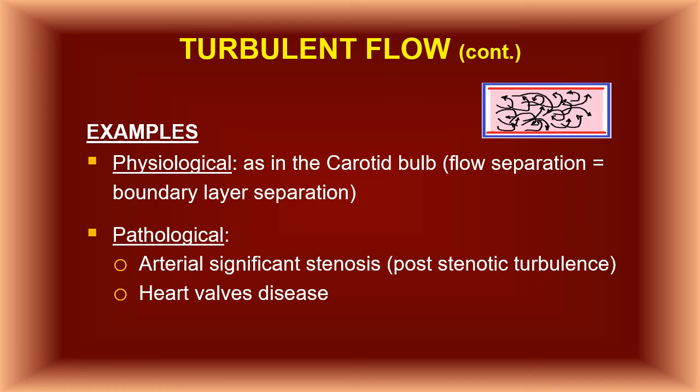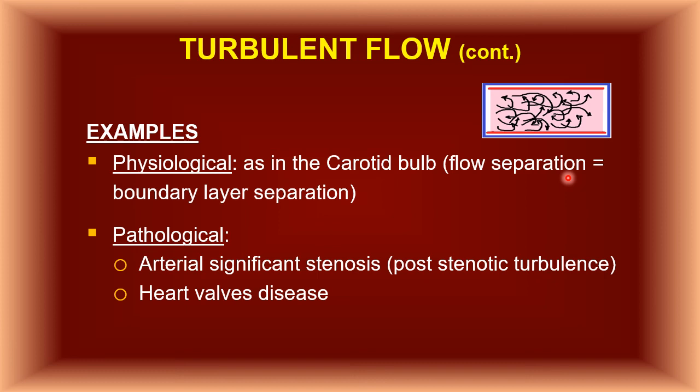So do we have some examples of turbulent flow in our body? Yes, we have physiological examples, and others are pathological. Physiological means they happen naturally. Do we have natural turbulence in our body? Yes. The very famous example everybody knows is the flow separation, or boundary layer separation, that happens in the carotid bulb.